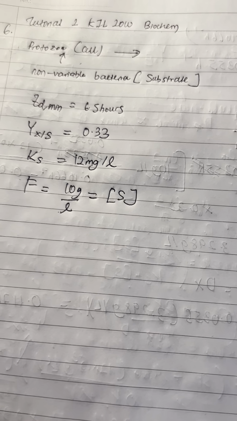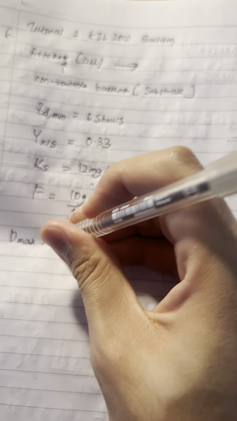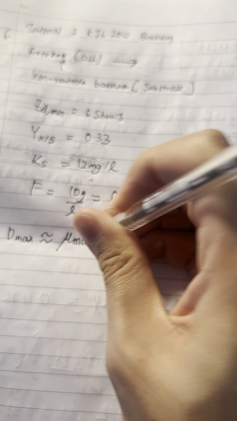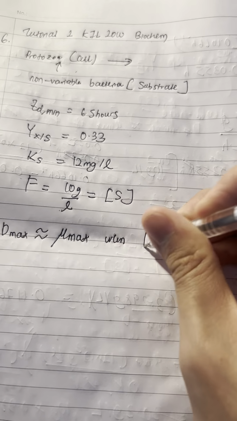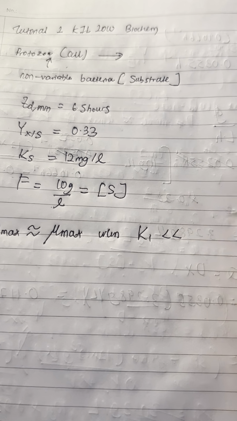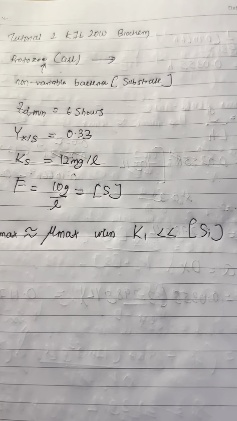What is the maximum dilution rate for operation of the chemostat? Based on your notes, you can assume that D max is equivalent to mu max when Ks is way lesser than Si, the concentration of the growth limiting substrate.